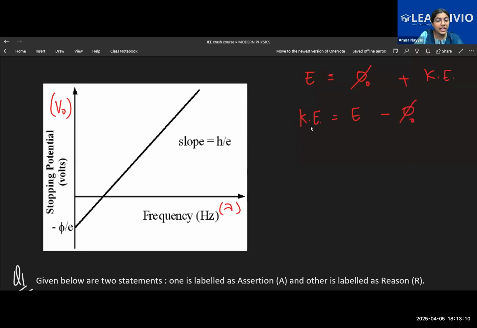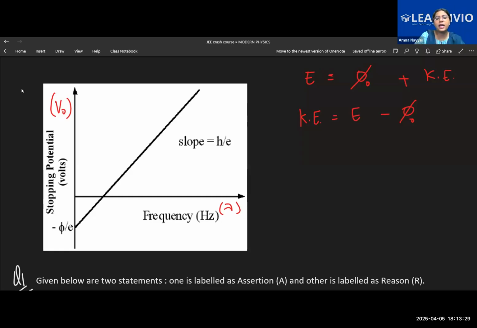What is the formula of kinetic energy in terms of potential? Upasna, you tell me. You've written how much? EV. Your voice is coming very low, Upasna. Can you repeat? EV. Yes, right.